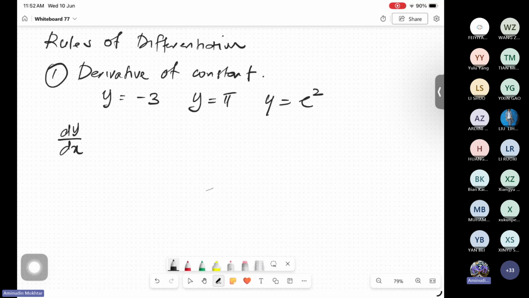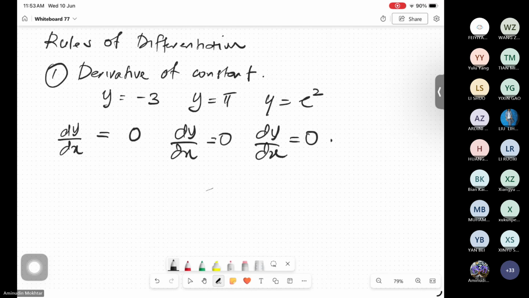For a constant function, dy/dx is always equal to 0.